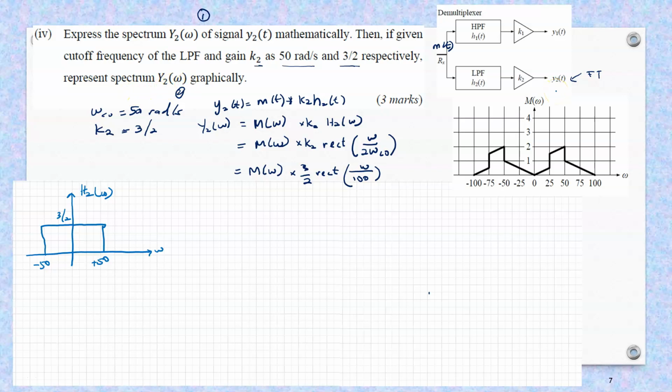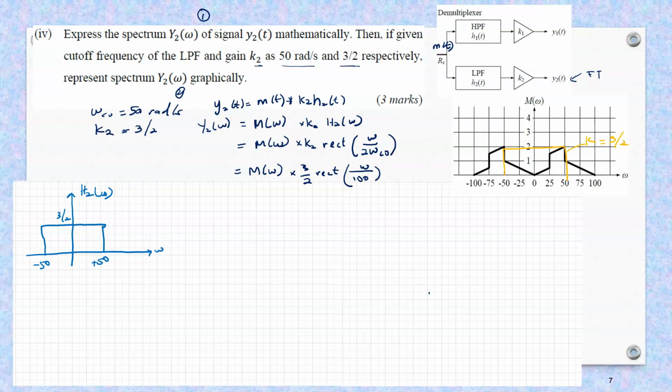This is something that we don't know, but we have the equation. You just have to imagine that this H2 omega is multiplied by M omega. So if we draw this H2 omega on top of M omega with the cutoff frequency 50, it will be something like this. But the gain here, you just imagine that the gain is 3/2.